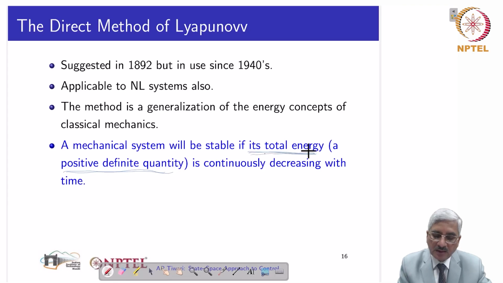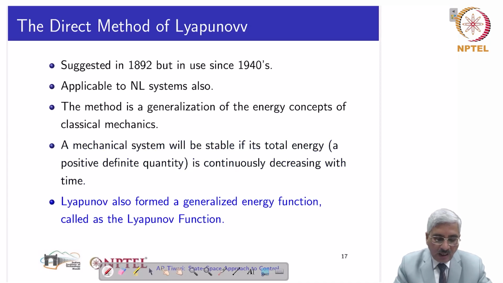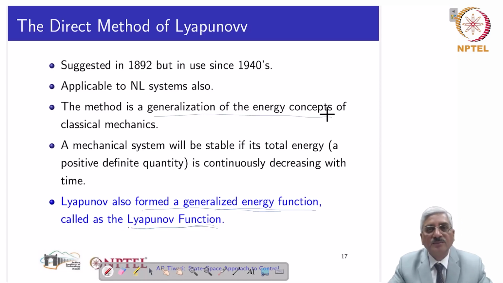If this total energy of a mechanical system is continuously decreasing with time, then this mechanical system will be stable. Now similar is the generalization of the energy concept by Lyapunov, and there also a generalized energy function called the Lyapunov function has been suggested. It is a generalization of energy concepts from classical mechanics.